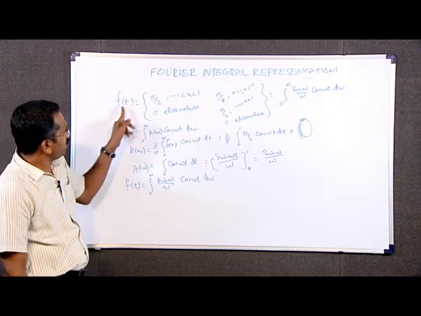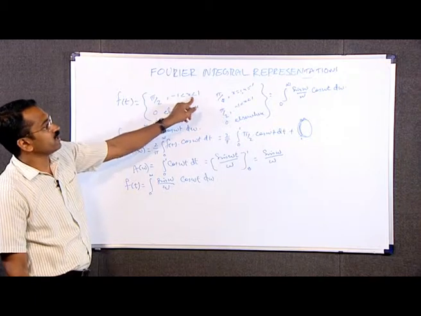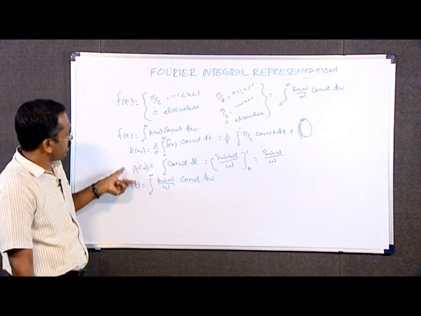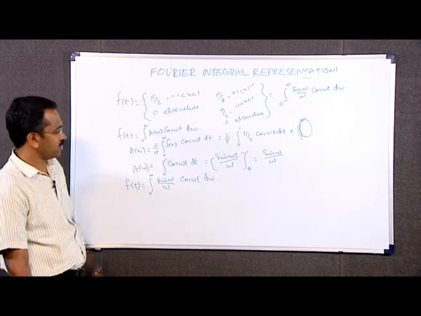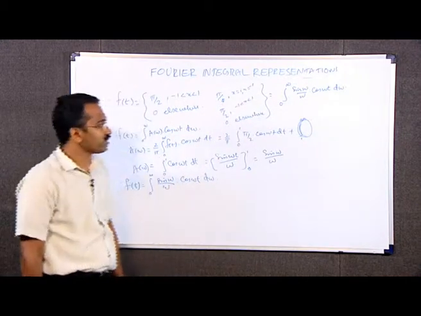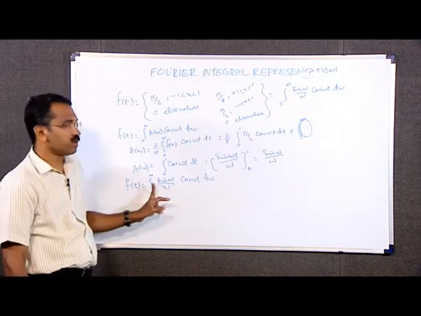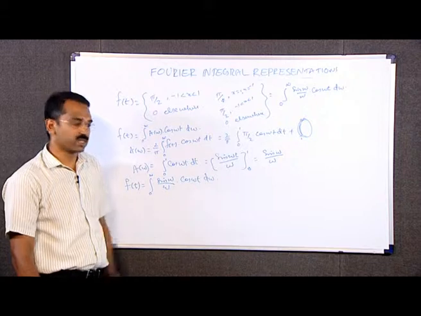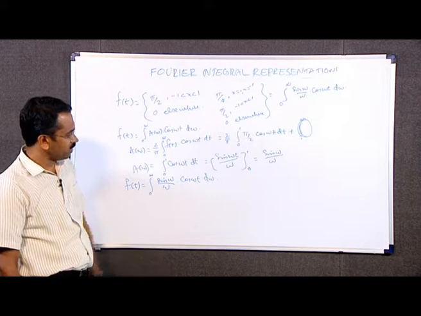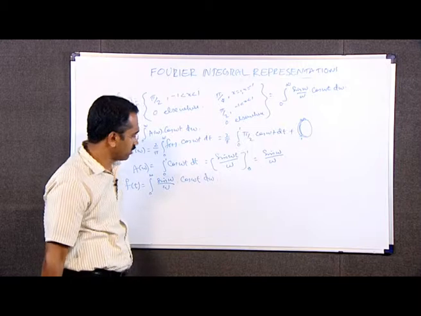Here we have taken f of t as pi by 2 for minus 1 less than x less than 1 and 0 otherwise. Therefore, we have to substitute the value of f of t as this. Note that x equal to 1 and x equal to minus 1 are two points of discontinuity, in which case the value of the right hand side integral is the average of the left hand limit and right hand limit at x equal to 1, and similarly for x equal to minus 1.